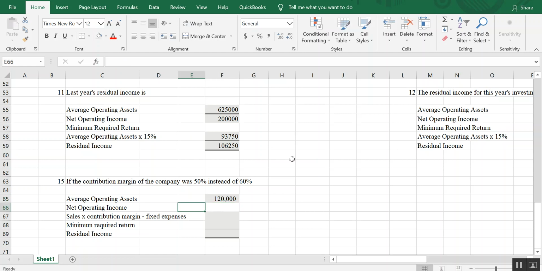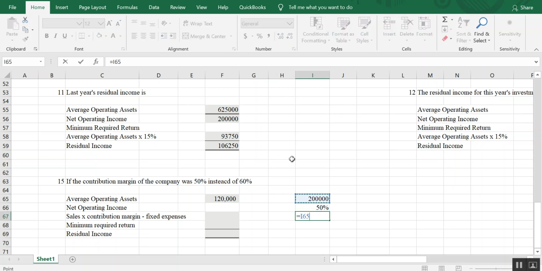So for net operating income now, instead of calculating what we did before, we would have 200,000 times, let me do this over here, times 50%. We would have a contribution margin.